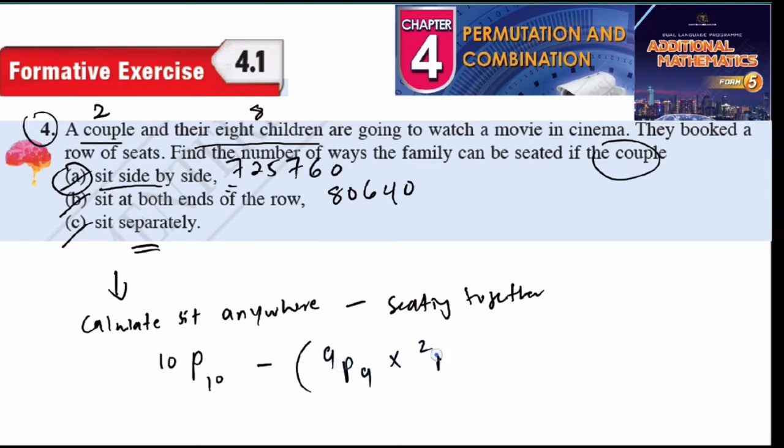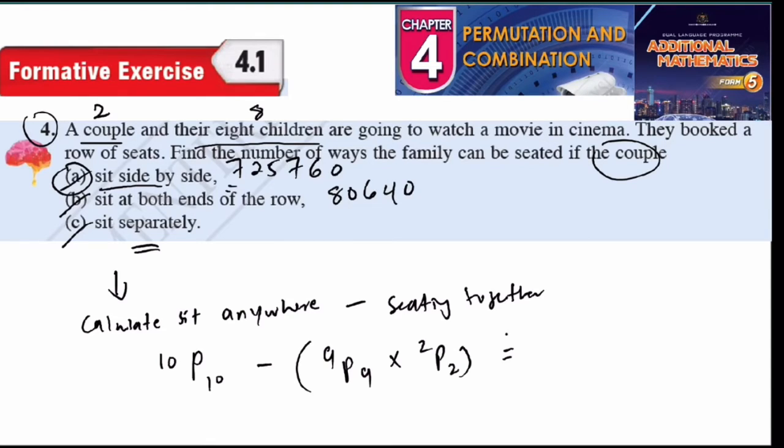So that means the balance should be the number of ways the couple sit separately, isn't it? Logic, right? So we will take the answer 10P10, then we will minus out the answer for A, which is actually 2P2 times 9P9.